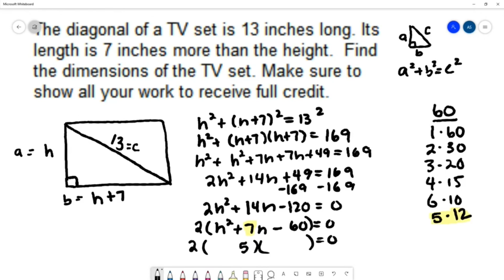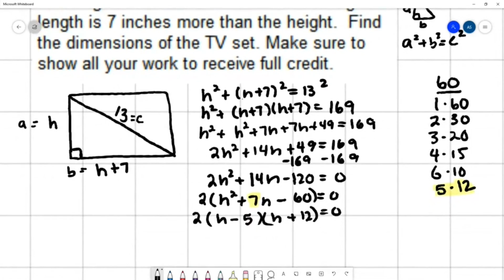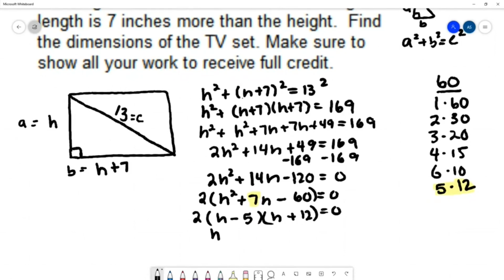So I have 5 and 12. And h times h will give me h squared. 5 times 12 gives me 60. And then I need a plus on the 12 and a minus on the 5 to get a positive 7 for that middle term. Now I can set each factor equal to 0.